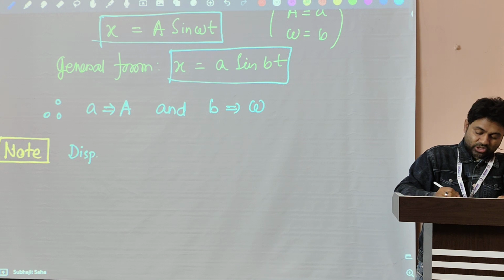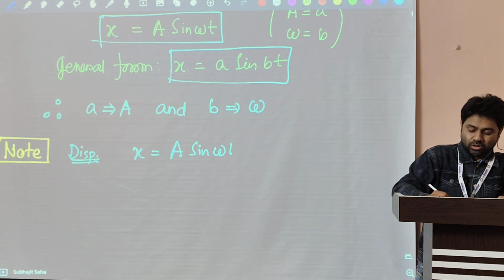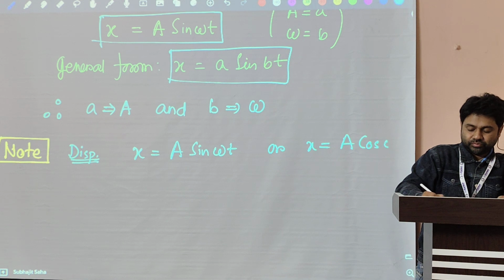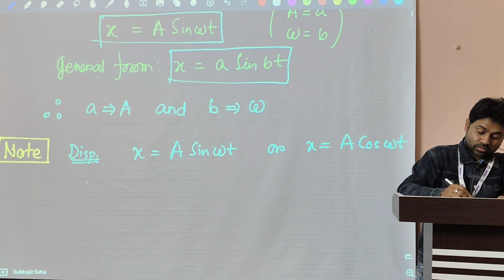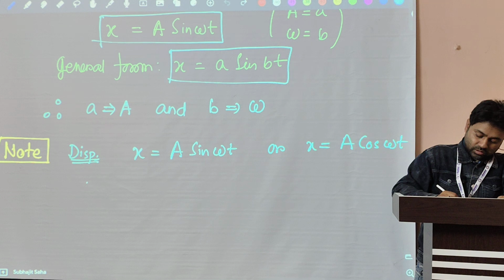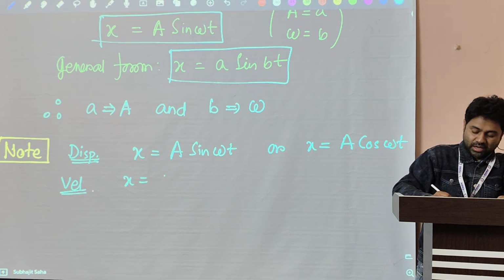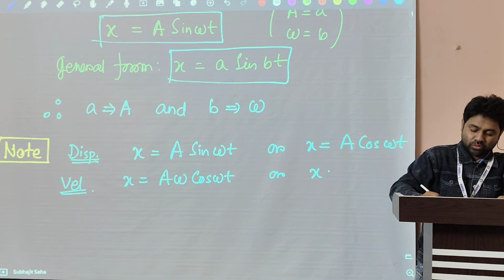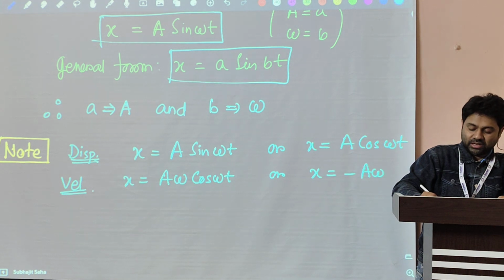তাহলে ডিসপ্লেসমেন্ট ইকুয়েশন x equal to, এখন লিখবো A sin omega t or x equal to A cos omega t. Velocity equation v equal to A omega cos omega t or v equal to minus A omega sin omega t.